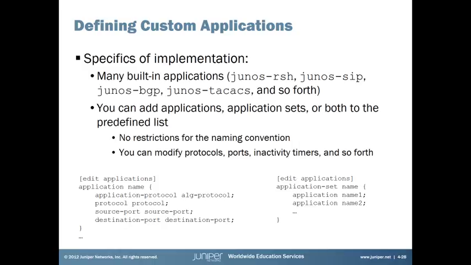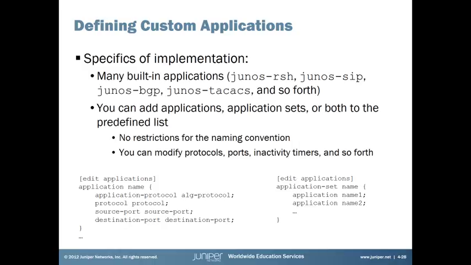The policy would go from zone internet to zone maybe VoIP. Source address would be the address of my internet telephony service provider, the IP address of their server. Destination address would be the address of my VoIP server.